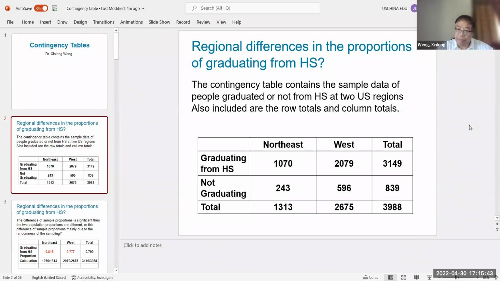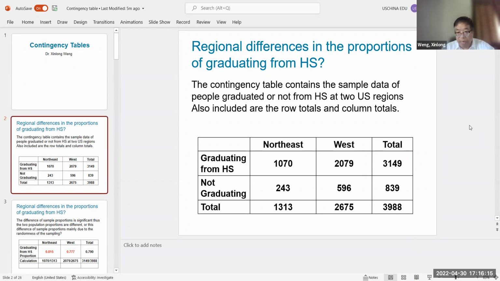The question is, in different regions, are the high school graduating rates the same or different, statistically different? In other words, is the region, the location, related to the high school graduating rates?